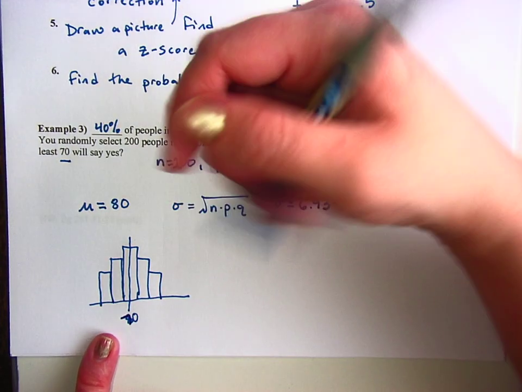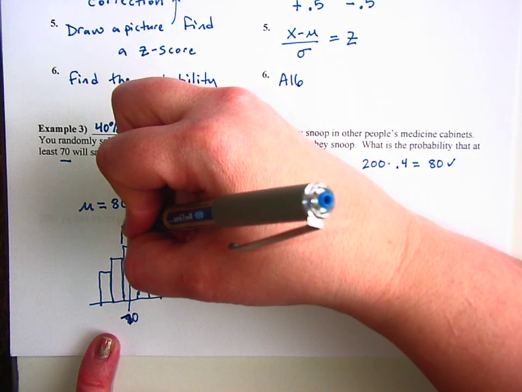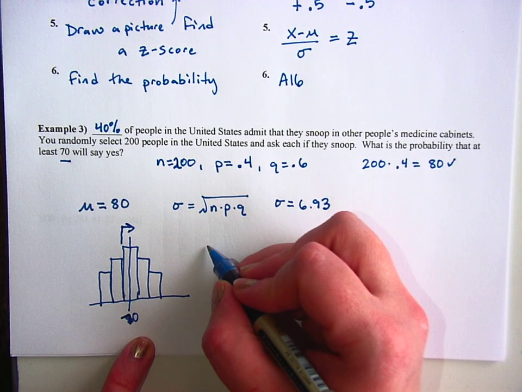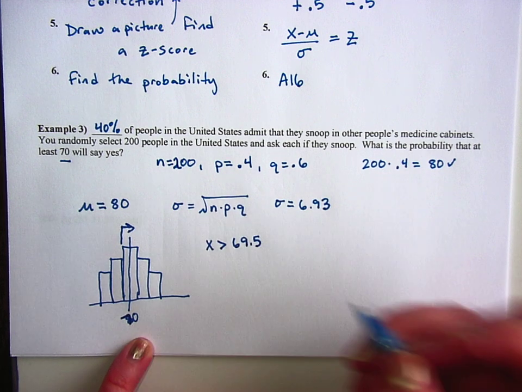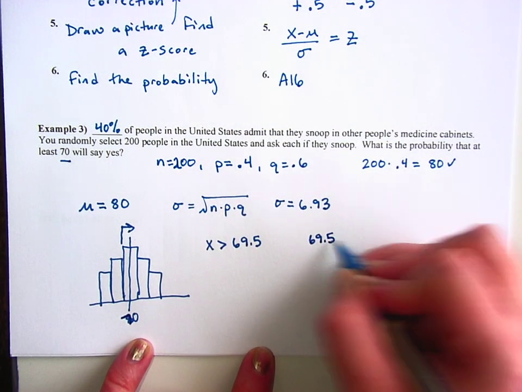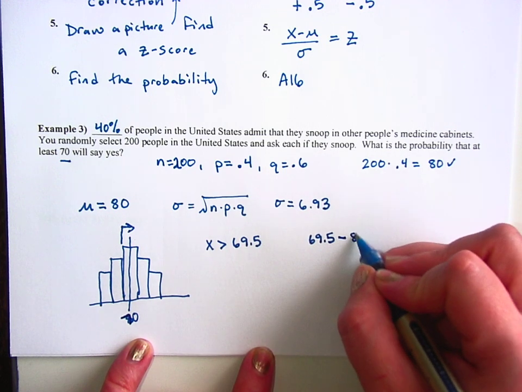That means that that would be 70 or more. So that includes 70. So I'm going to have to back it up to 69.5. So I need x is greater than 69.5. So now in my math, I'm going to do x minus mu over sigma, with 69.5 as x.